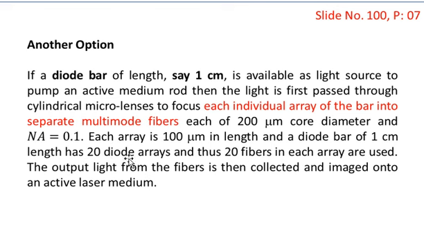In front of each diode array we can use 20 fiber systems, each of 200 micrometer core diameter and numerical aperture 0.1, and we can collect the light from each diode array, and then these 20 diode arrays can be combined and focused or imaged onto an active laser medium to pump it. So we have described the single strip diode laser, the diode array of 20 single strip diodes, and then the diode bar consisting of 20 diode arrays, each consisting of 20 single strip diode lasers.